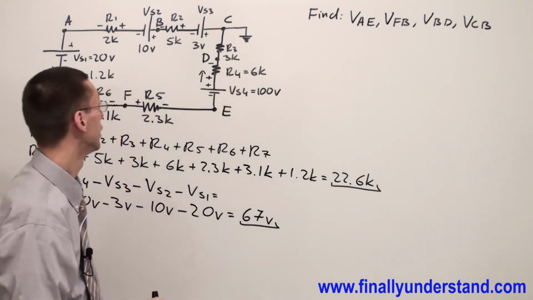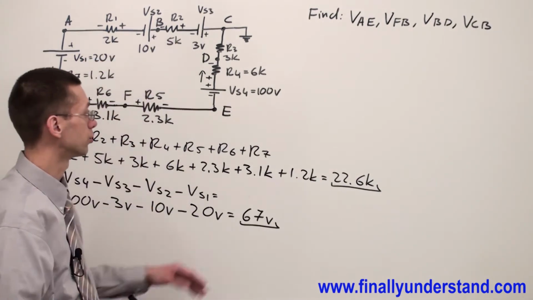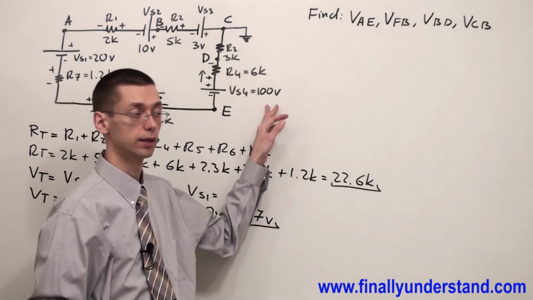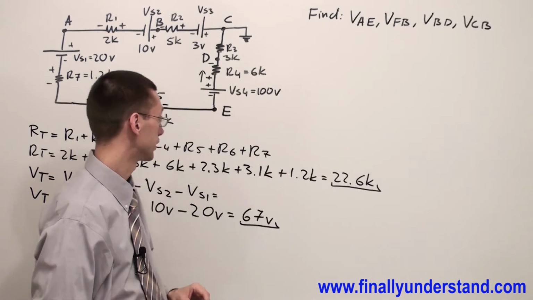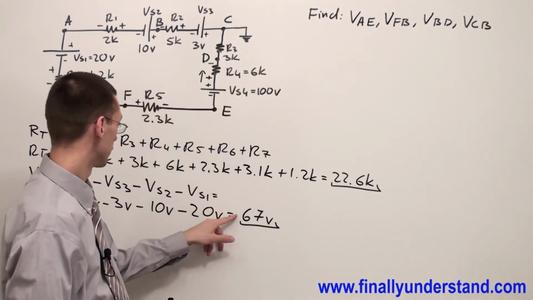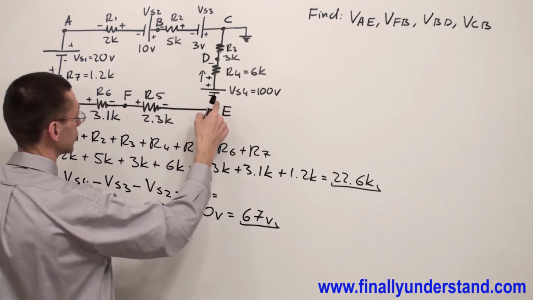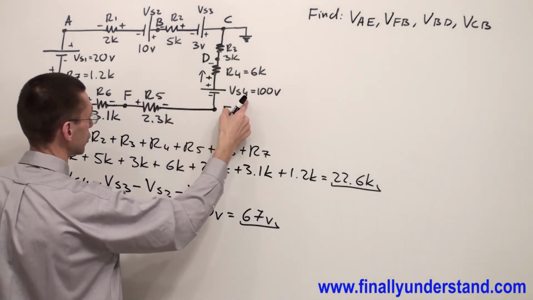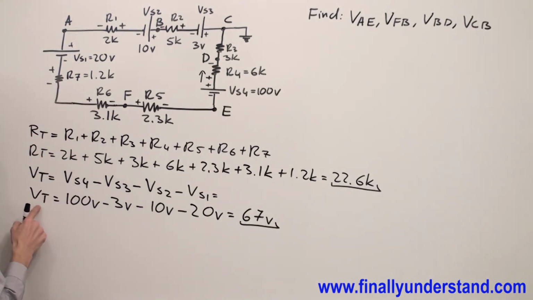It can happen if the sum of the other voltage sources is greater than 100, or let's say the value of the strongest voltage source. But in this case, my V total is positive, which means the current goes in the direction in which my voltage source pushes the current. So I have voltage total.